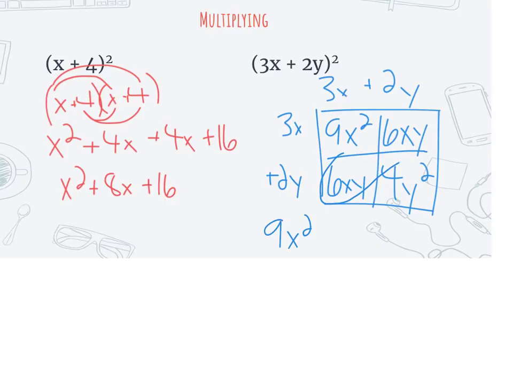Our 6xy's are like terms, so I get a 12xy plus 4y squared. And notice when I combined like terms, I did not change my exponents. When you add or subtract, all that changes is your coefficient, not your exponents.